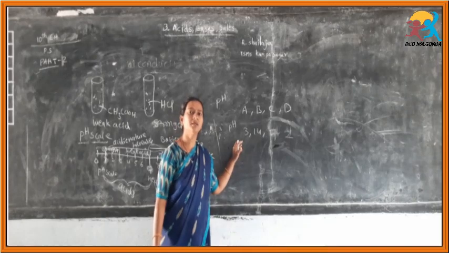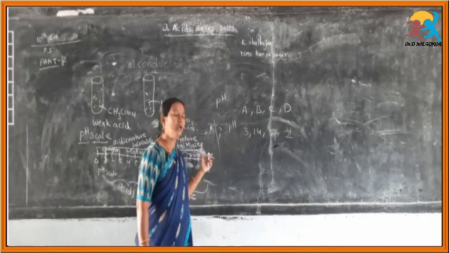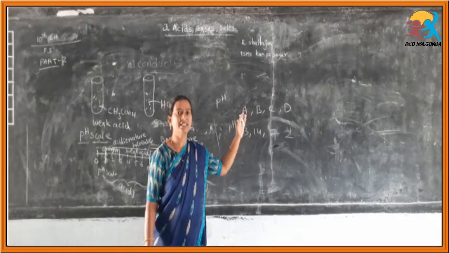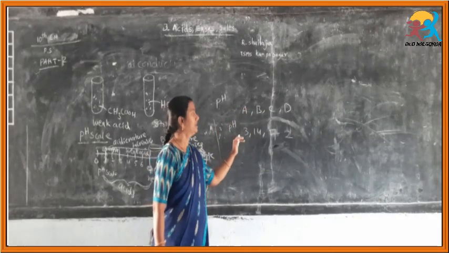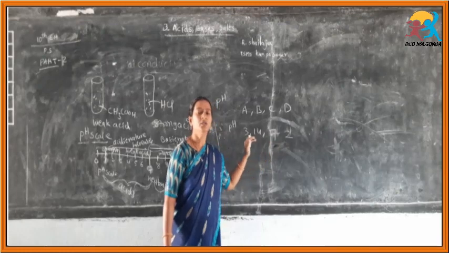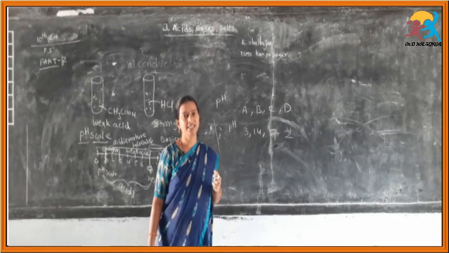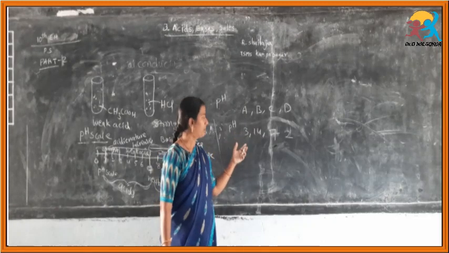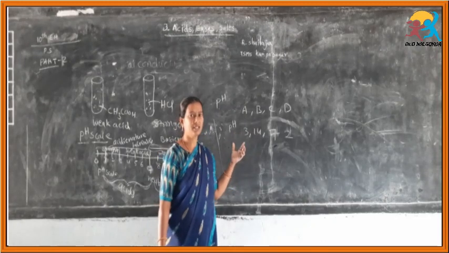In the board exams they may ask: if I give the solutions A, B, C, D with pH values 3, 14, 7, 2, what is the nature of those solutions? By using the pH value we can say what the substances are.